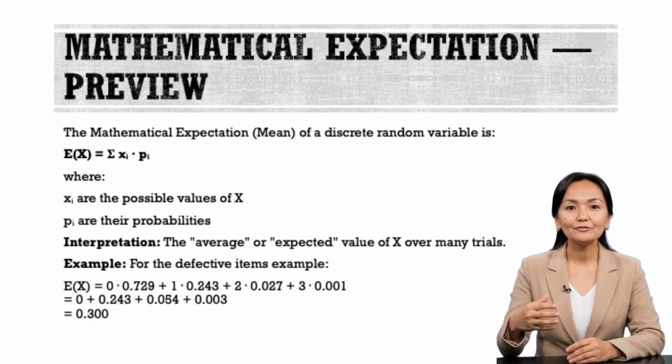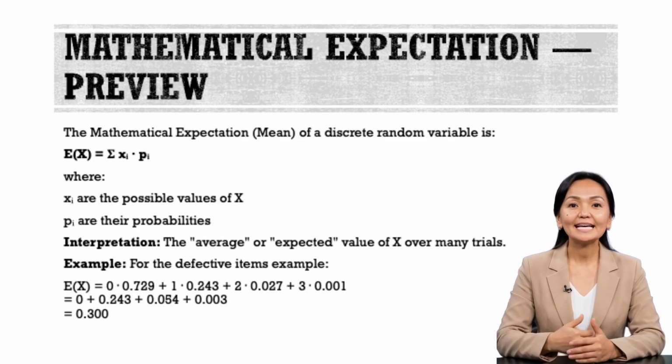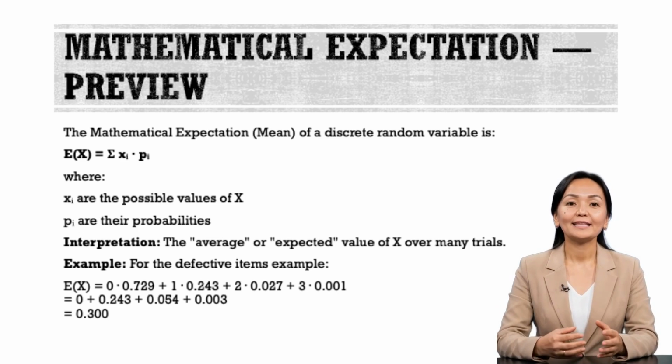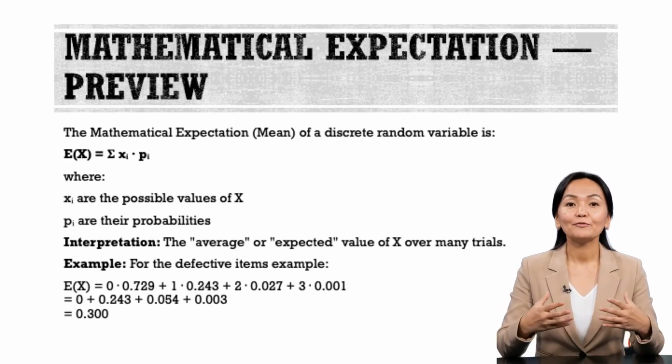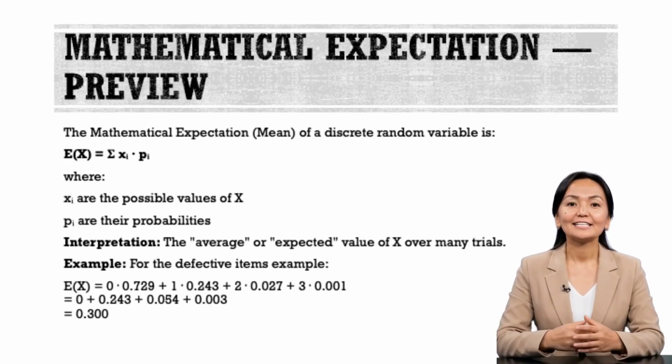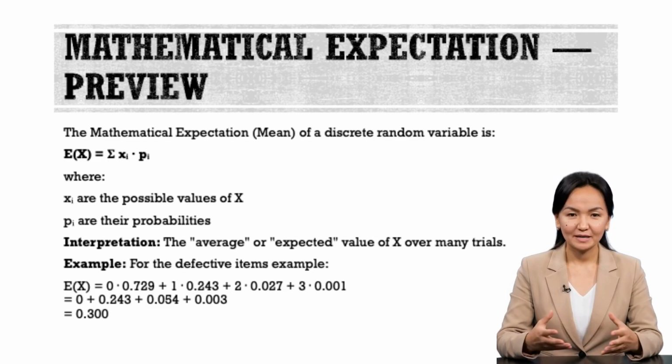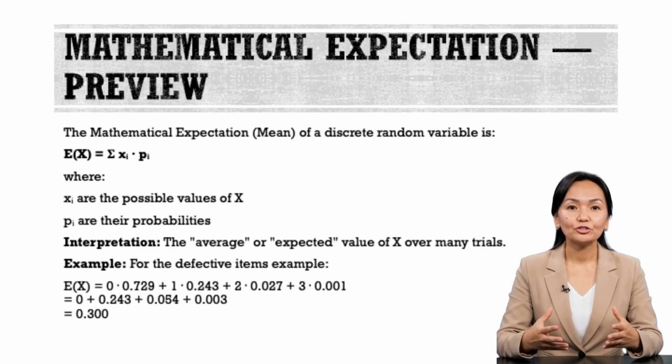Finally, let me give you a brief preview of mathematical expectation, which we'll study in detail next lecture. The mathematical expectation, also called the mean or expected value, is denoted by E(X). For a discrete random variable, it's calculated as the sum of each value x_i multiplied by its probability p_i. This is the weighted average of all possible values, where the weights are the probabilities.